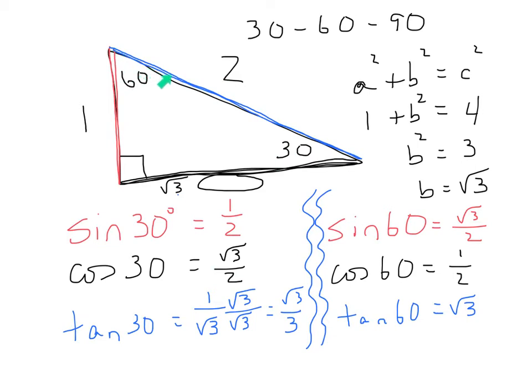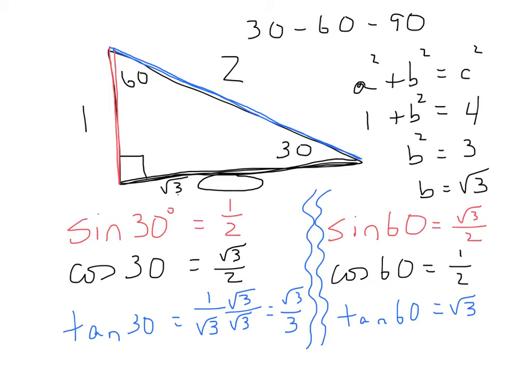And since both sine and cosine use the hypotenuse, the opposite of 30 and the adjacent of 30 will use the same ratio of 1 over 2. And it goes the same for the 60. The opposite of 60 is radical 3, whereas the adjacent to 30 is radical 3. And those will be over 2. So these actually kind of swap values. That is because sine and cosine are called co-functions. That's a whole other day. We're going to get into that a little bit later, but just to brief you on that now.